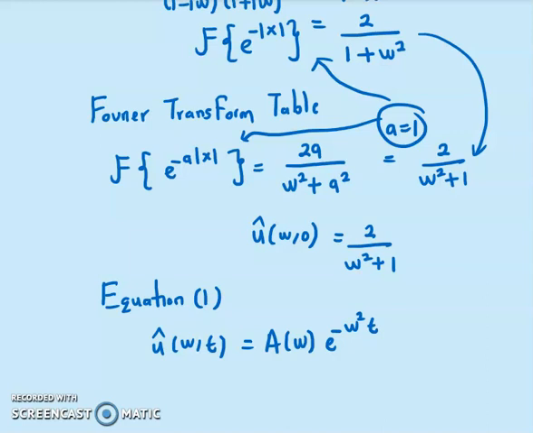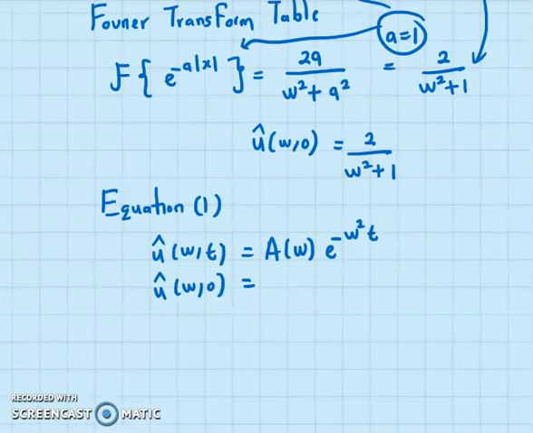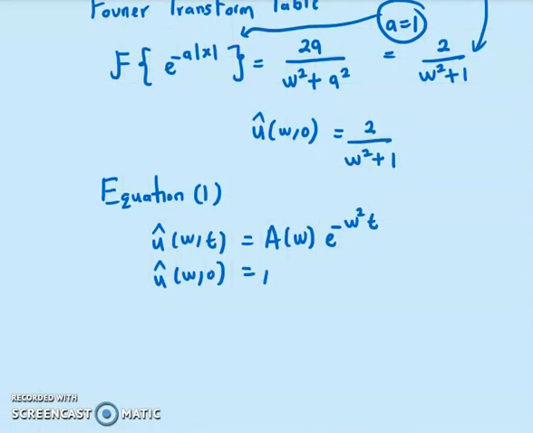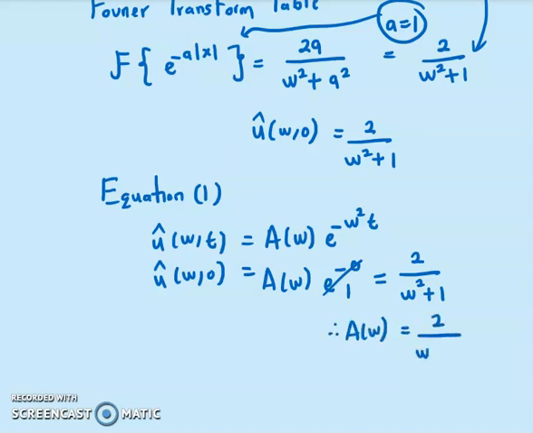Now when t approaches 0, we have u hat omega 0 equals A omega, which equals, e to the power 0 is 1. This is 1, so I have therefore A omega equals 2 over omega squared plus 1.